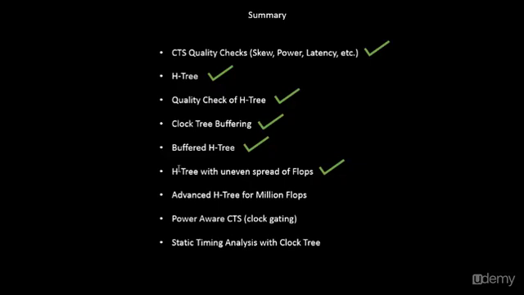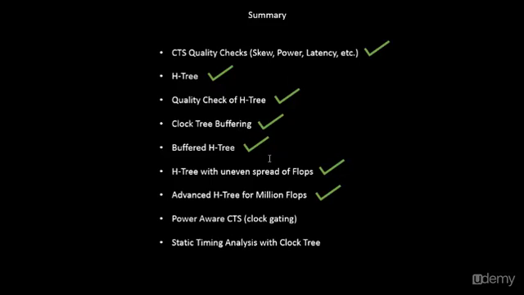Next, after completing the 16 clock endpoint clock tree, we moved ahead and built a tree for millions of flops. We looked into the strategy of building a clock tree if there were millions of flops. The strategy was pretty simple if we look at it, because we were already aware of the concepts that we had learned in the first 6 to 7 topics.